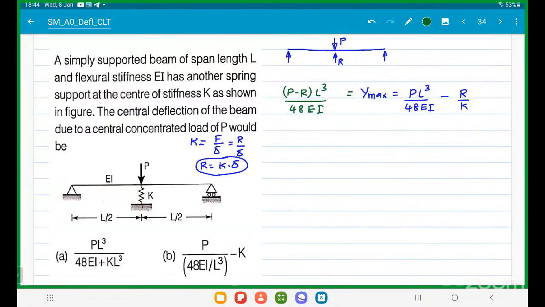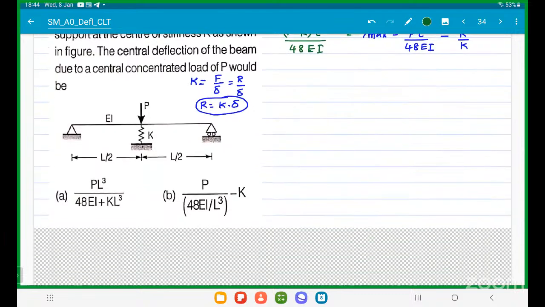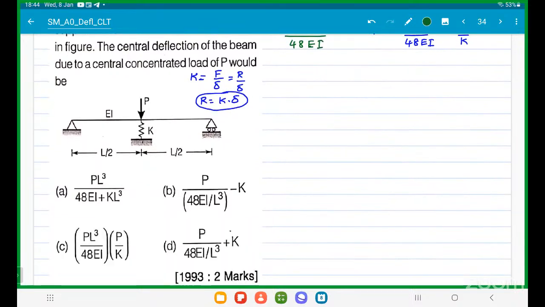Now imagine what we can do. They are asking delta only. Quick, simplify, very simple. We want to separate this R. If you calculate the R, we can find the deflection.